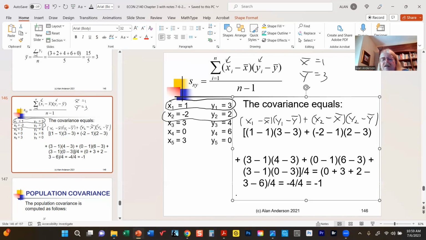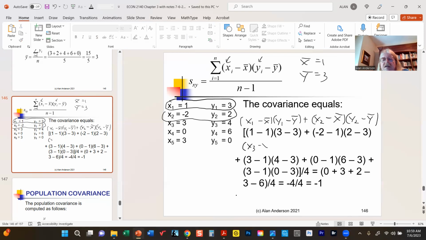All right, anyway, so this is of course then X3 minus X bar, Y3 minus Y bar. X4 minus X bar, Y4 minus Y bar.